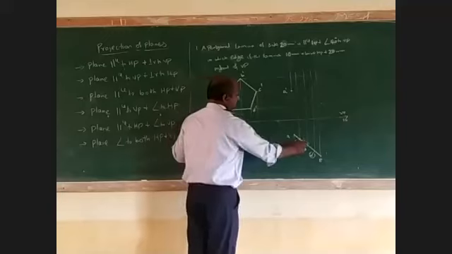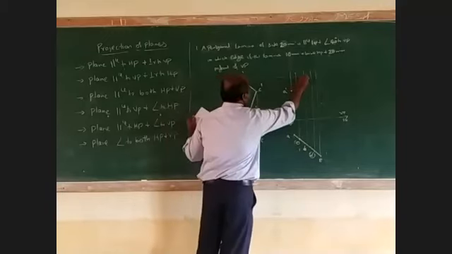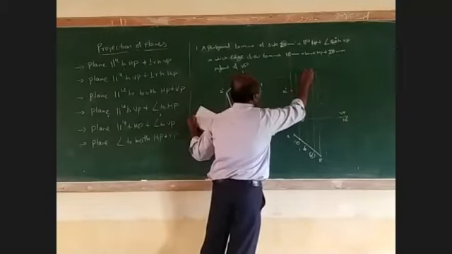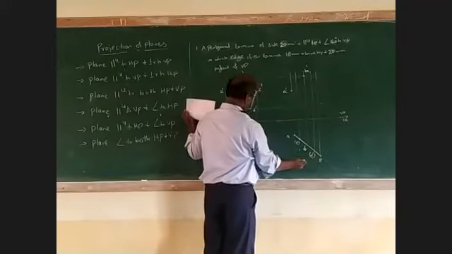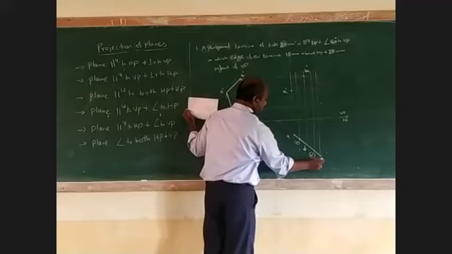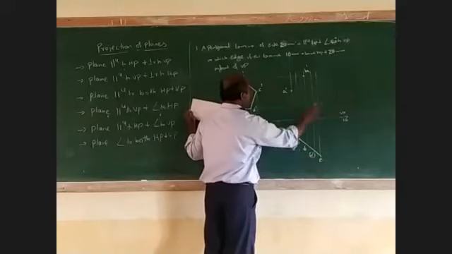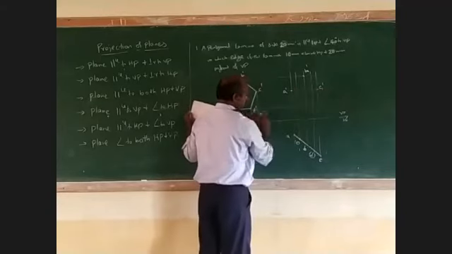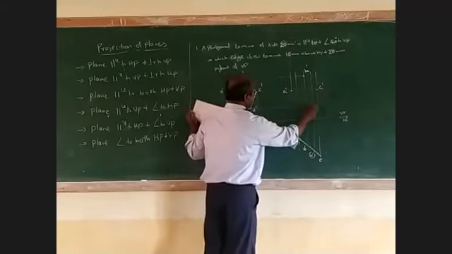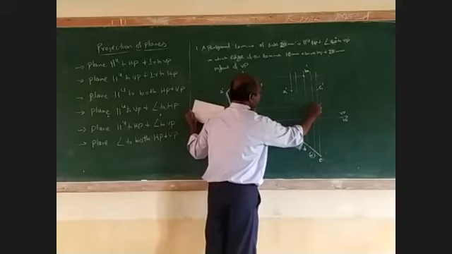Here B and B dash, you mark it as B1 dash. C and C dash, C1 dash. D and D dash, D1 dash.